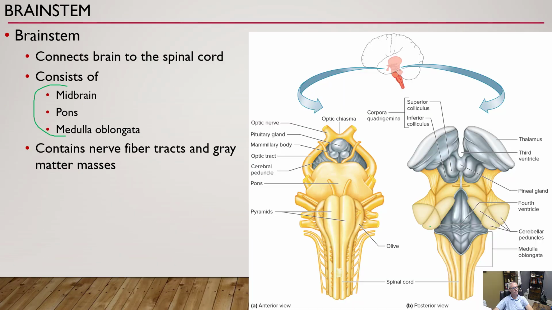Well, I'll show you a picture. There we go. Cerebral peduncles, right here.